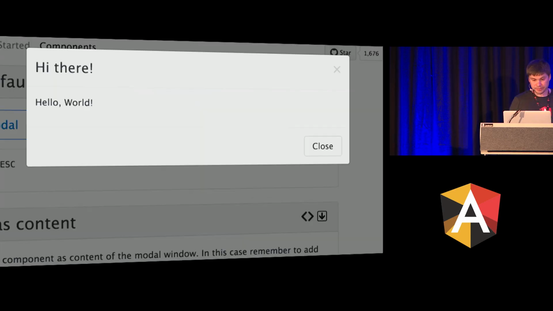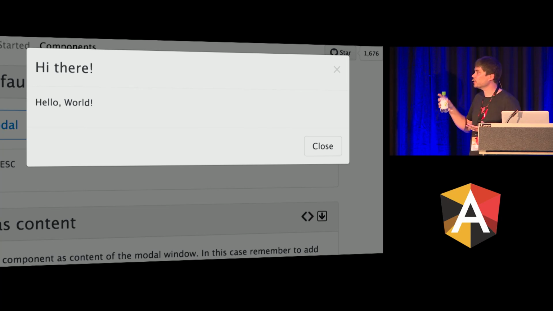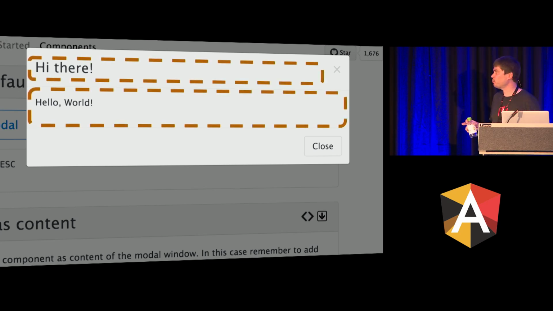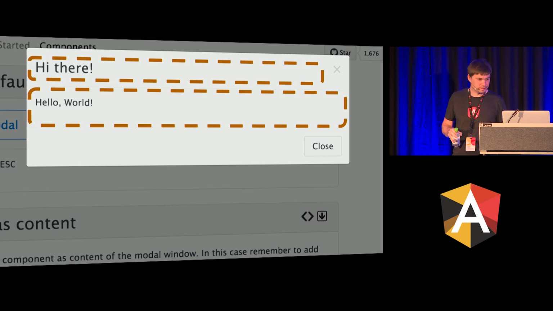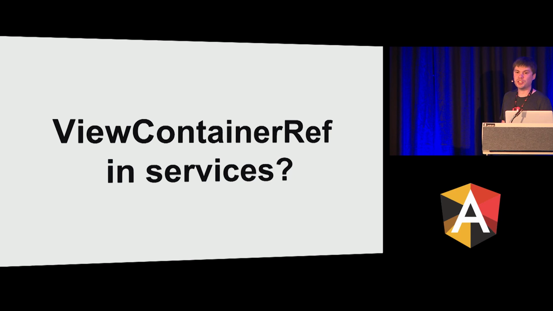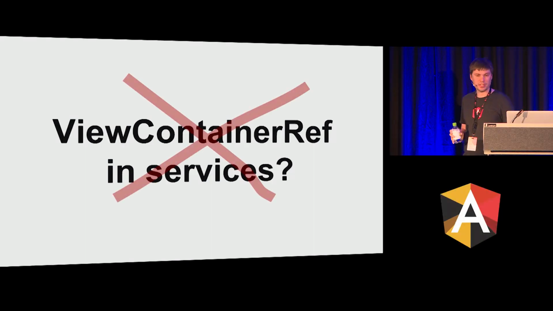So when we look at widgets or things like modals, they are very similar to popovers, right? They've got this window, they've got the decoration, they've got some properties, and they've got dynamic content that we want to insert. The only complication here is that we cannot access ViewContainer in services.